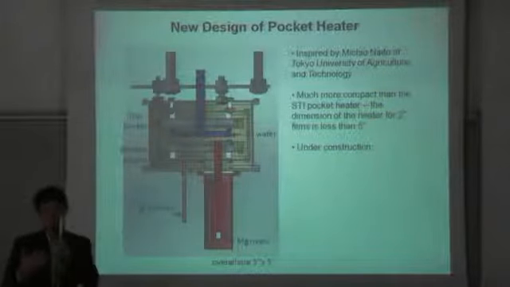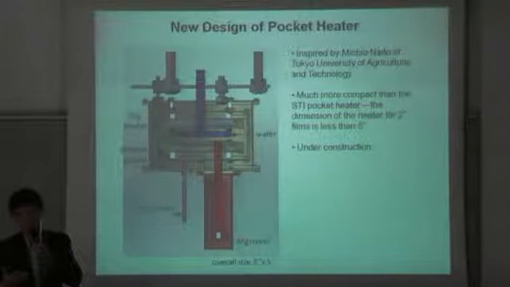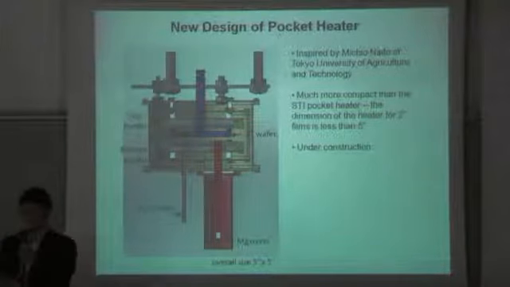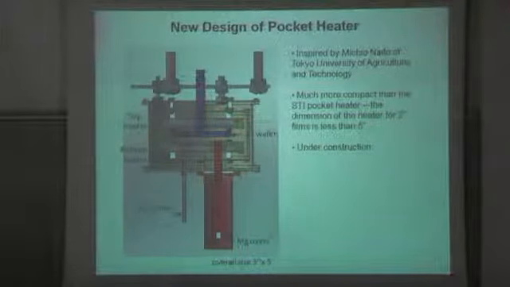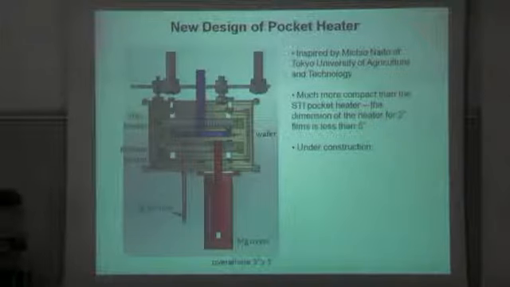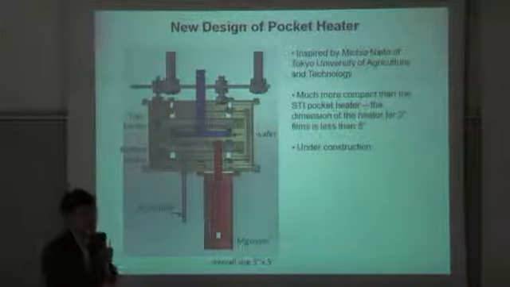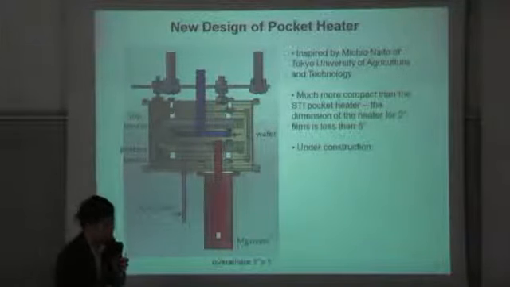So you might want to ask why we don't continue to use the STI heater. There are some issues there that we're trying to avoid by not using exactly the same heater. And also the thermal mass of this heater is much, much smaller than the STI heater. So for people who do depositions, you would appreciate that the smaller the thermal mass, the better off your life will be.